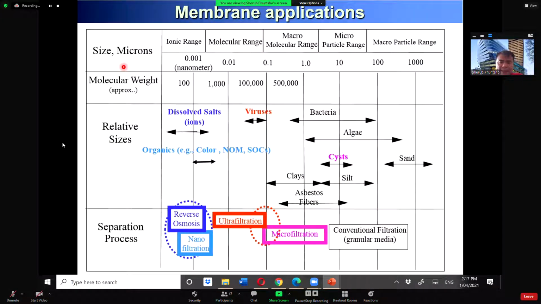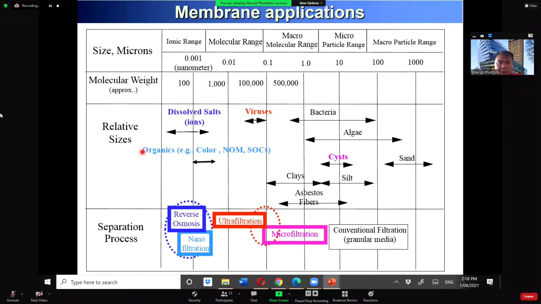These are also some of the different sizes that the membrane can remove. Dissolved solids, for example compounds like sodium chloride and magnesium chloride, come within dissolved salts. They're within the range of 0.001 to 0.01 nanometer. Virus can be within 0.01 to 0.1 nanometer.